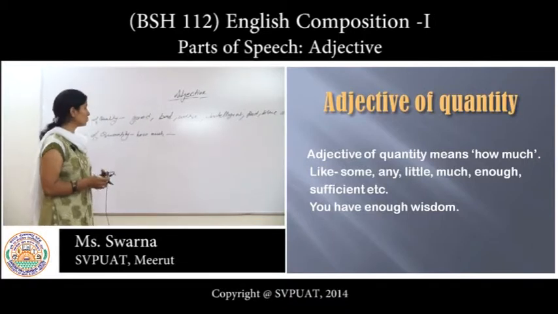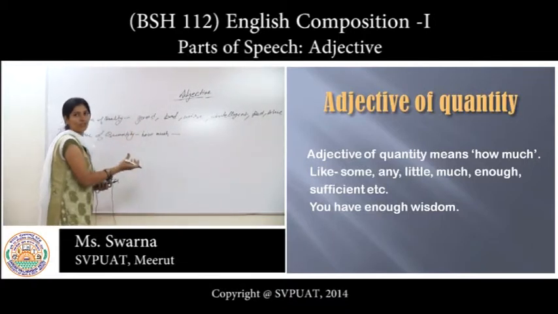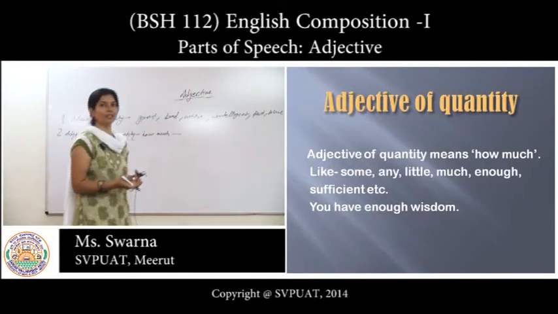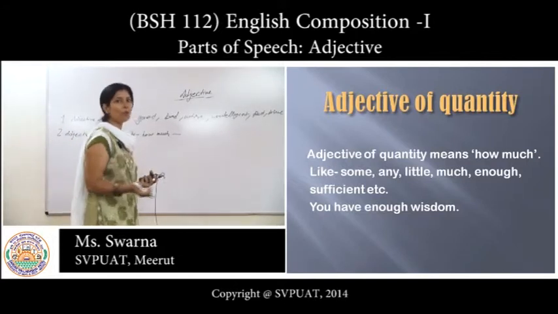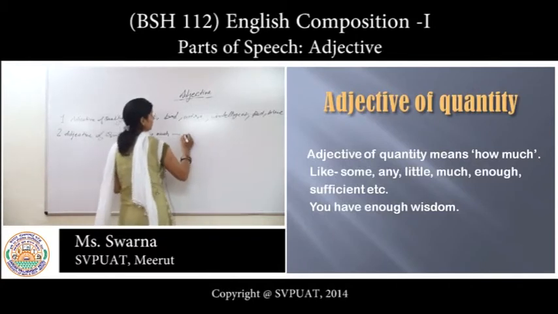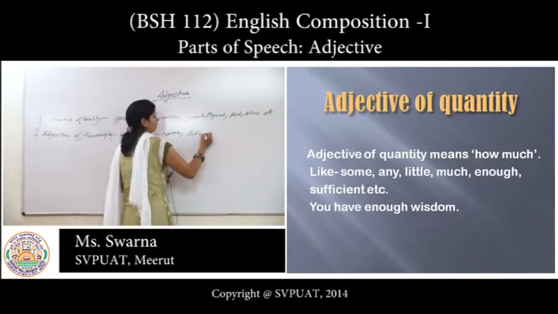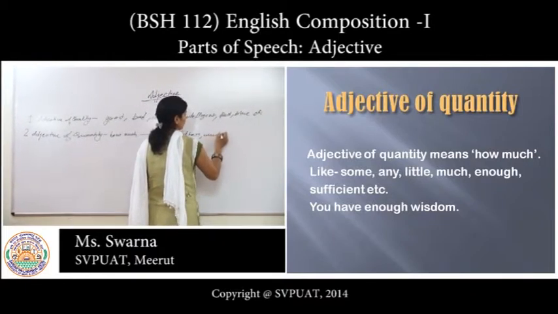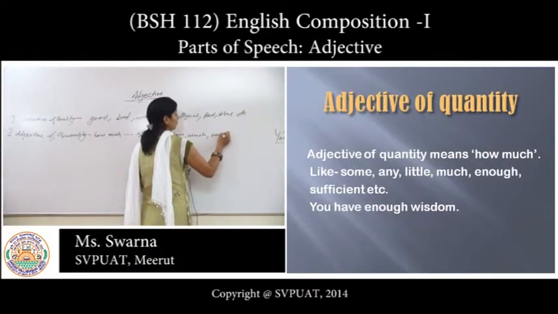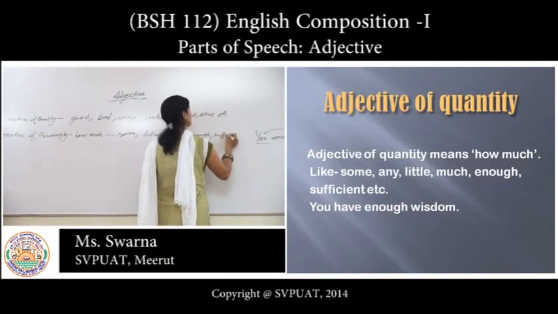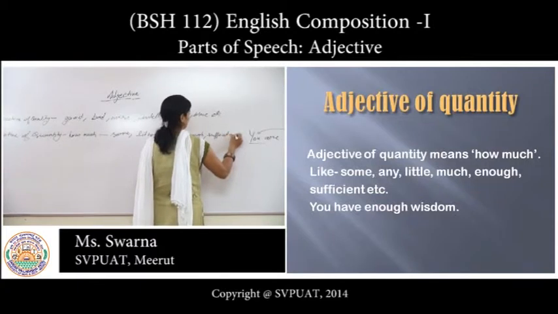So these words denote how much of a noun or pronoun there is in quantity. So this is adjective of quantity. Words like some, little, much, enough, sufficient, etc.